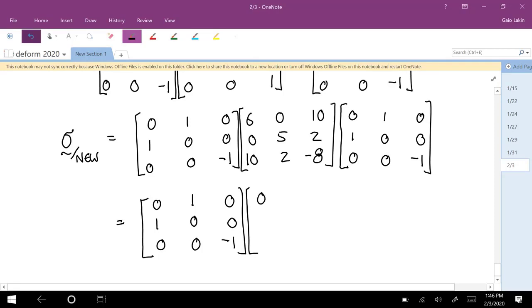You get 0, 6, negative 10, 5, 0, negative 2, 2, 10, positive 8.